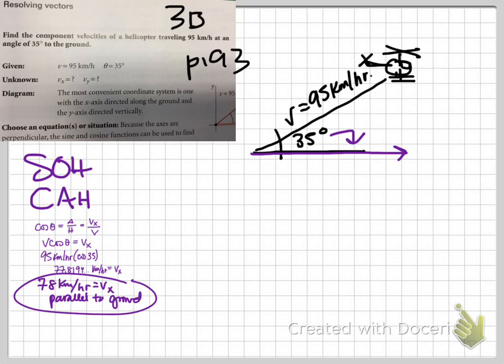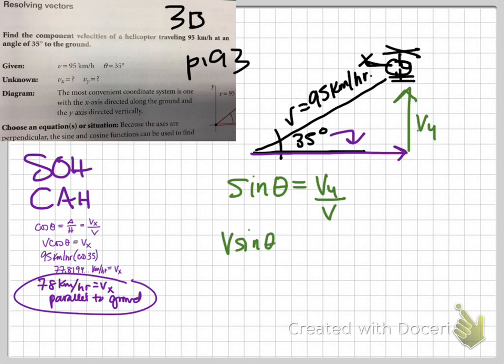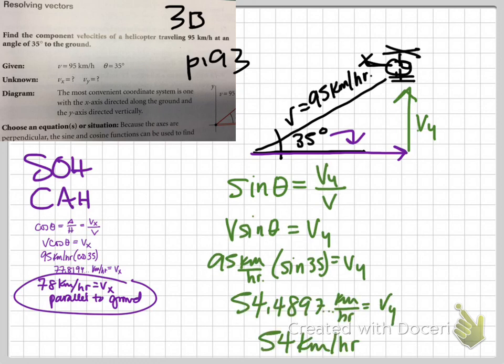So sine theta is equal to Vy over V. So V sine theta equals V sub y, 95 kilometers per hour times sine of 35 equals V sub y. So we get 54 kilometers per hour.